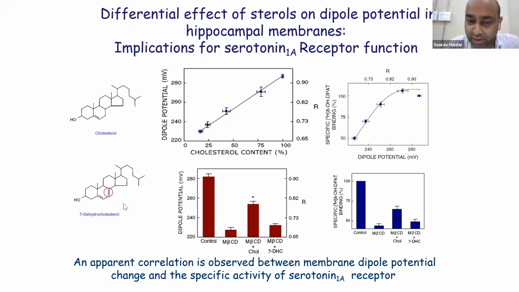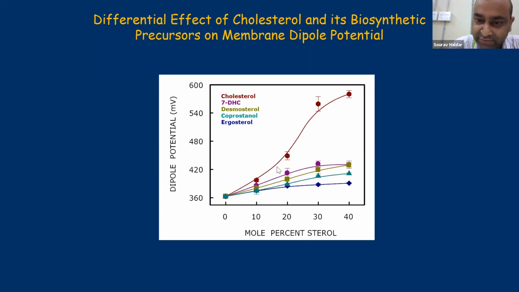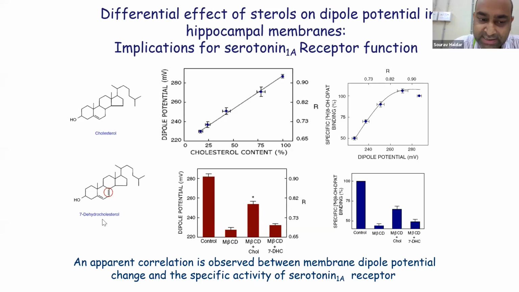But then we also did something else, which is based on the fact that if you take a precursor of cholesterol, 7-dehydrocholesterol, which I have already shown has a very reduced effect on membrane dipole potential in this graph. So when we put back 7-dehydrocholesterol using the same technology of methyl beta cyclodextrin, the dipole potential got back, but not to the same extent as cholesterol did.